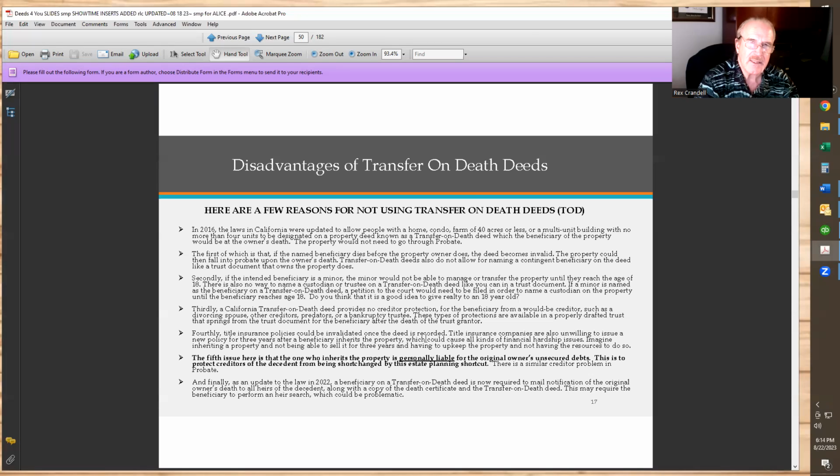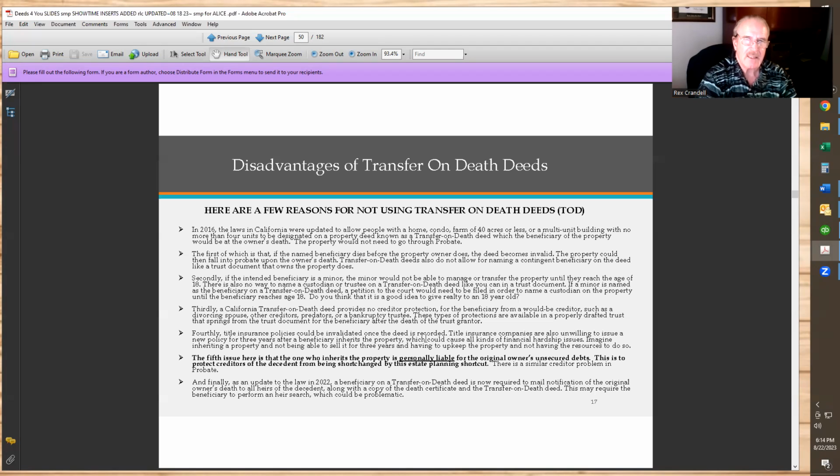But on this deed, when the owner of the property dies and the property goes to the beneficiary, all of the unsecured and secured debt follows the property to the beneficiary.